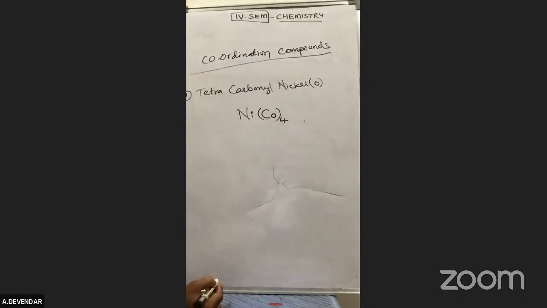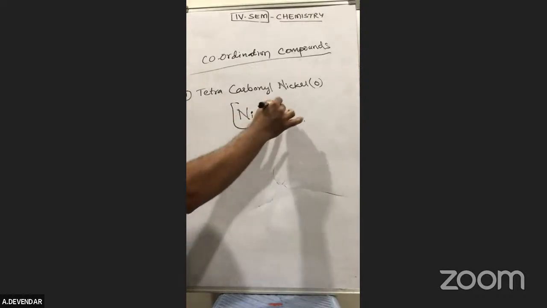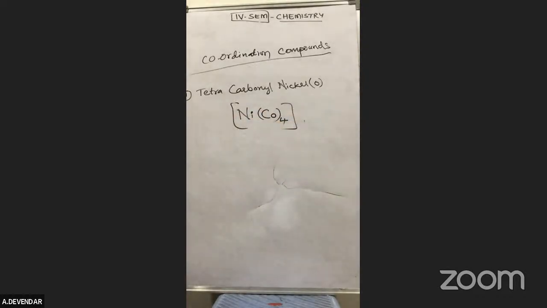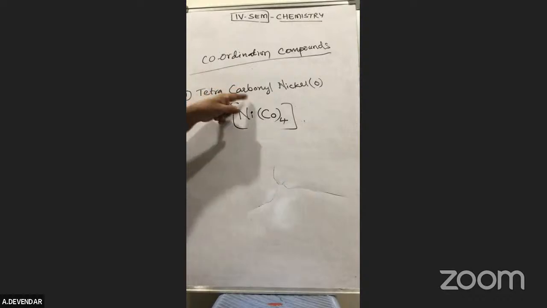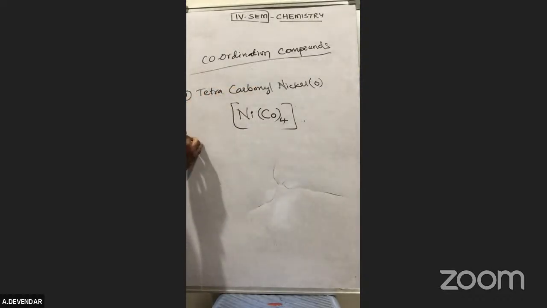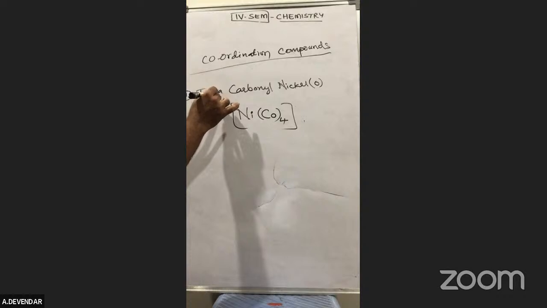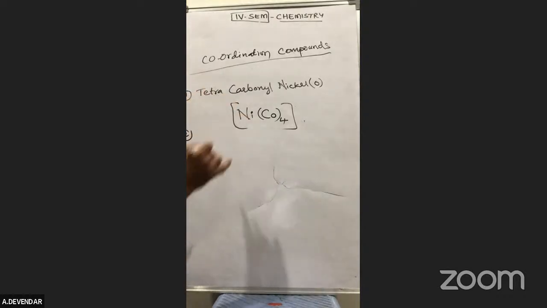Nickel is the central atom. So it is a complex compound. That's it. Writing IUPAC nomenclature is very easy. Sometimes they give the structure and you write the name. Tetracarbonyl nickel is given in your book in word form. You can write the structural form.